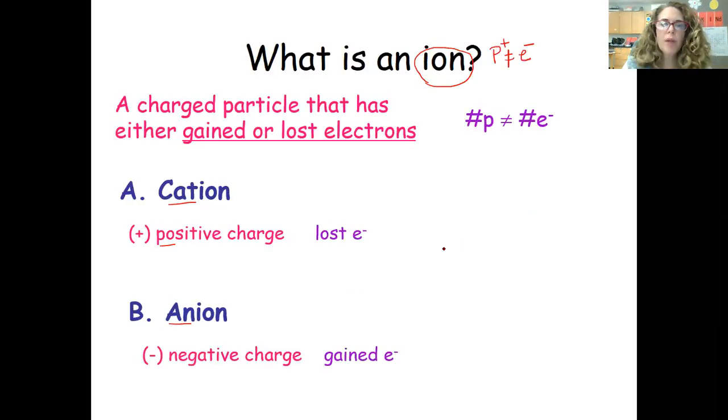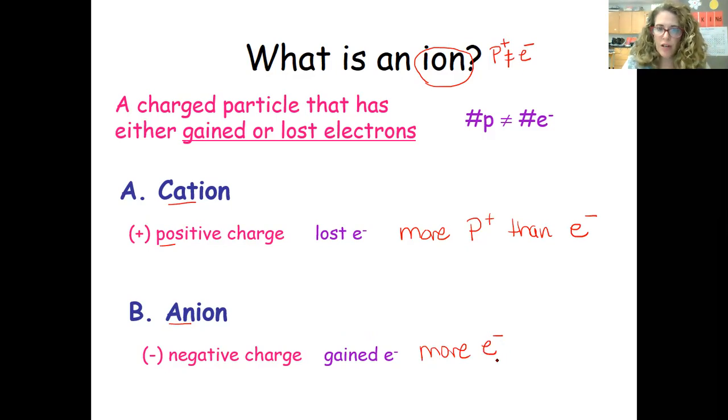Let me just go back really quickly. So then with a cation, I have more positive protons than negative electrons, right? So that gives it a positive charge. If I have an equal charge and I take 1 electron away, I don't have an equal charge anymore. I have more positive charges. So now an anion, I'm going to have more electrons, right?